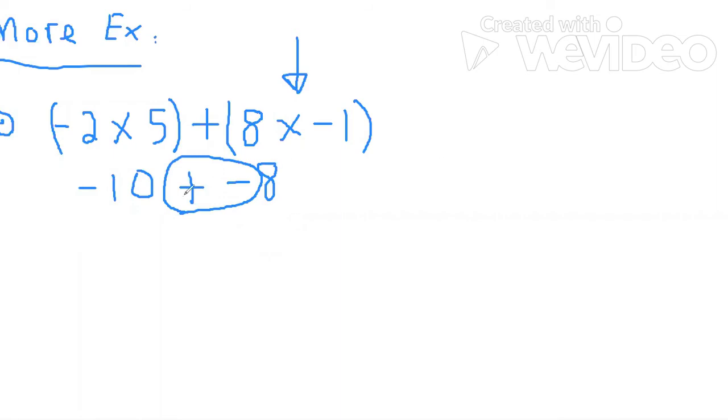So the plus means a positive multiplied by a negative. So what's a positive multiplied by a negative? What are you going to get? Look back in the rule. Positive multiplied by negative gives you a negative. Negative, right? And you write the 8. Not true? Everybody see that so far?